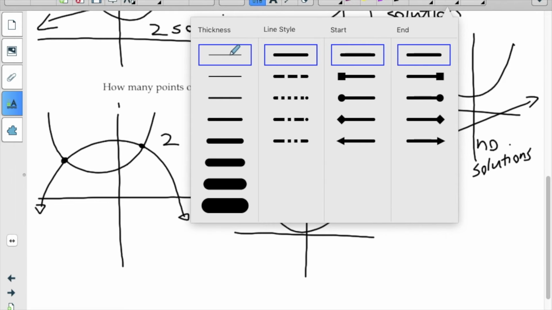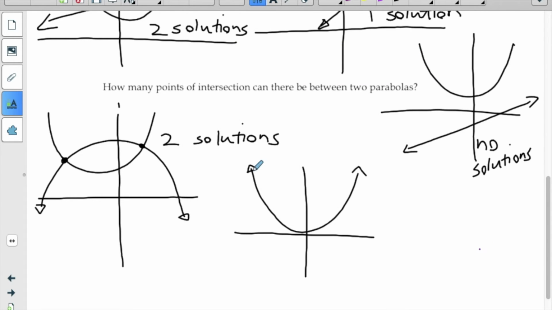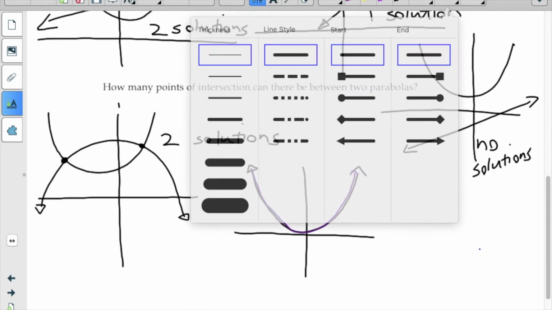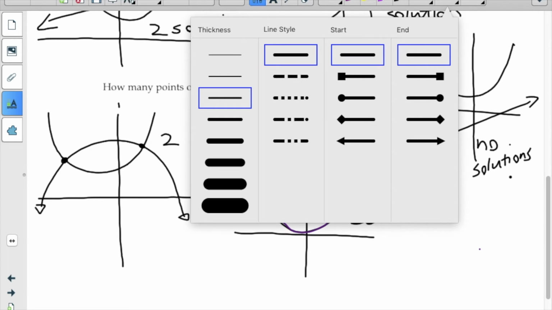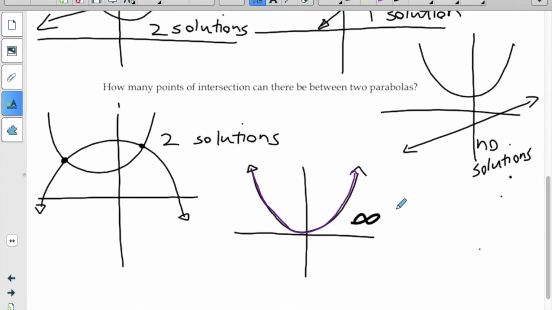Okay, they could be overlapping. So infinite. Right? Overlapping. Anything else? Yeah. 1. Okay, what would that look like?